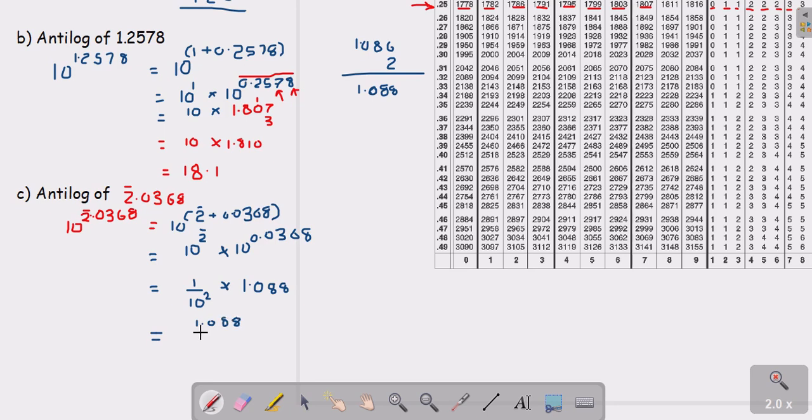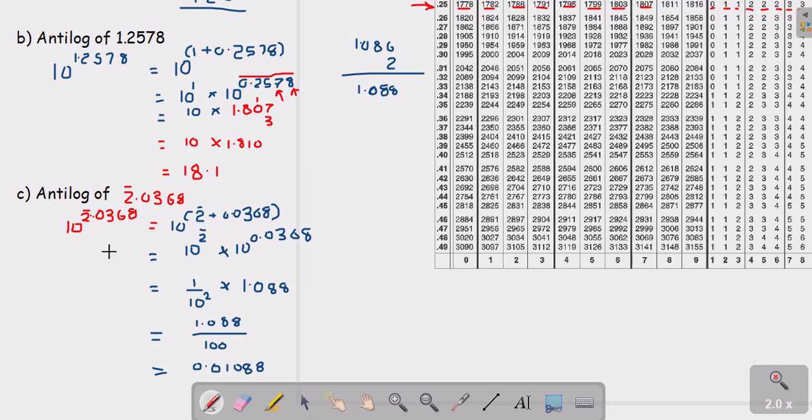So then you can get the final answer to be 1.08. On the denominator, remember we had 10 squared, so we are going to divide by 100. When you divide there, you'll get the answer 0.0108, like that.